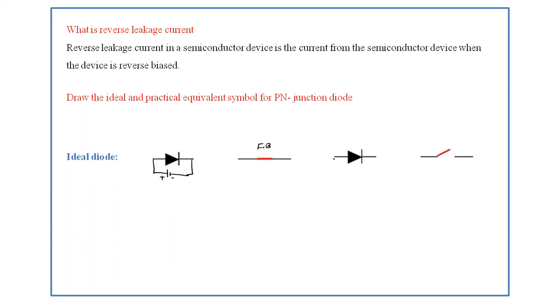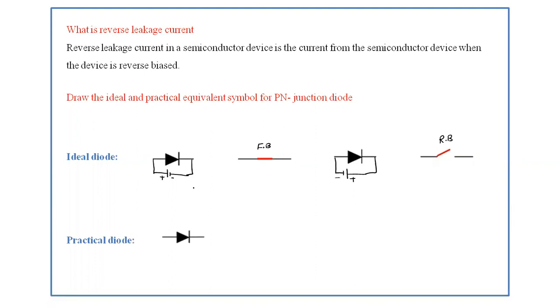If it is reverse bias, that is, the negative terminal is given to P type and the positive terminal is given to N type, if we reverse the terminals, then the diode will be in the reverse bias condition. In reverse bias, the equivalent circuit is like this: an open switch. It is a closed switch in forward bias and an open switch in reverse bias.